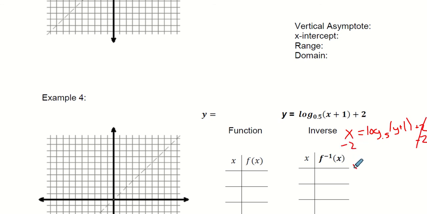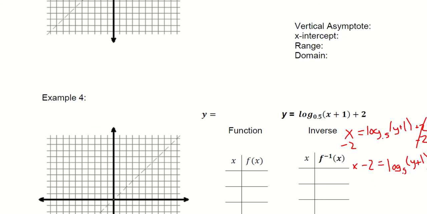So before I rewrite this, I would subtract 2. So we would get x minus 2 equals log base 0.5 of y plus 1. And I'm just going to cut off here. And then I would rewrite it. So it'd be 0.5 to this power equals y plus 1.